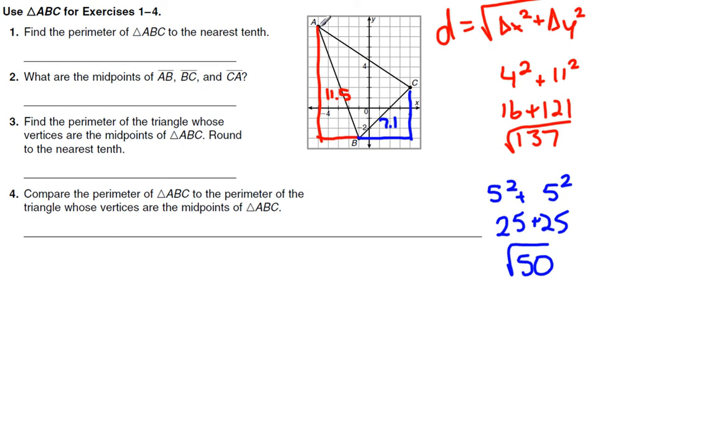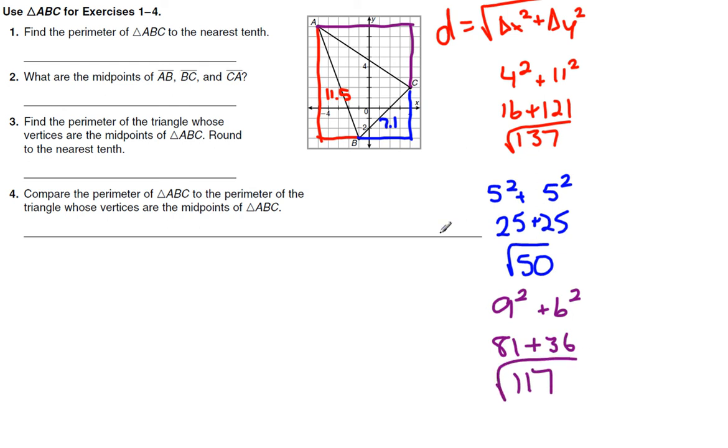We go A to C, so change in x. 1, 2, 3, 4, 5, 6, 7, 8, 9. So we get 9 squared. Change in y. 1, 2, 3, 4, 5, 6. 6 squared. Alright, so we get 81 plus 36 equals 117.